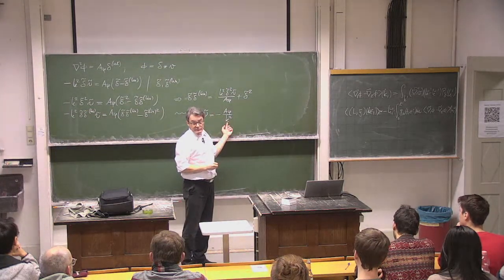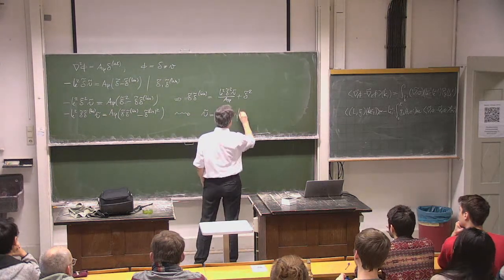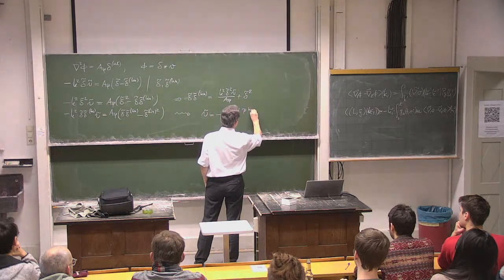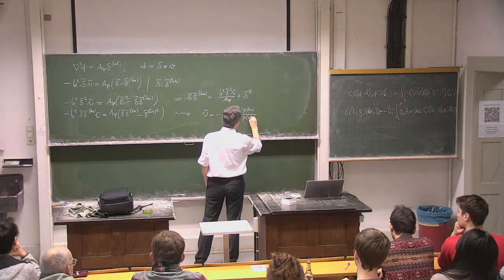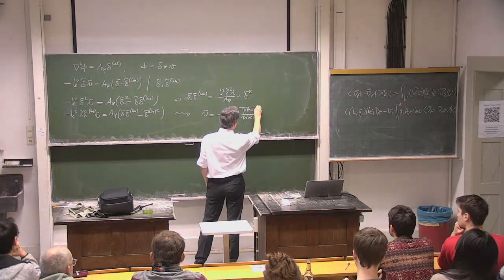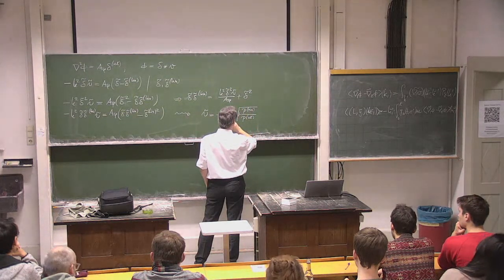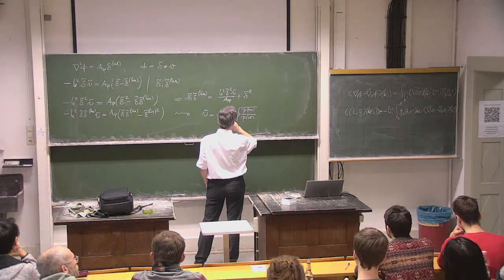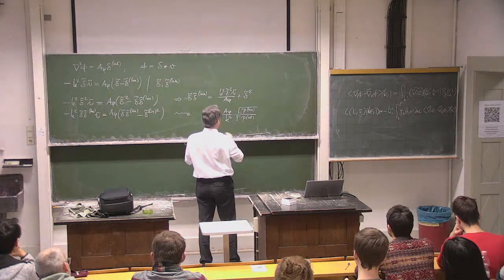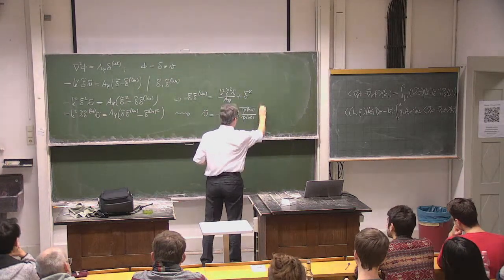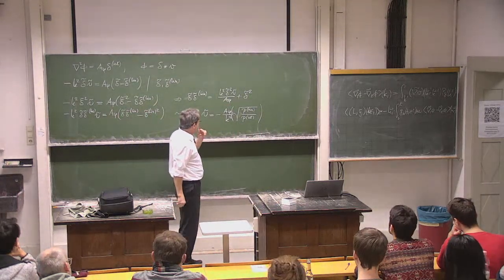In the Newtonian case, we would be done. But now we have square root of p linear. Okay, I'm getting this factor here.